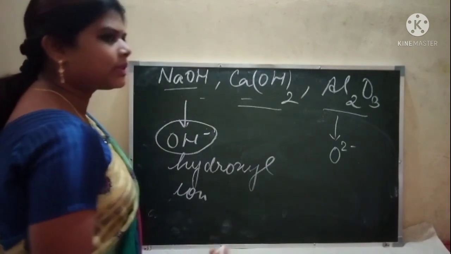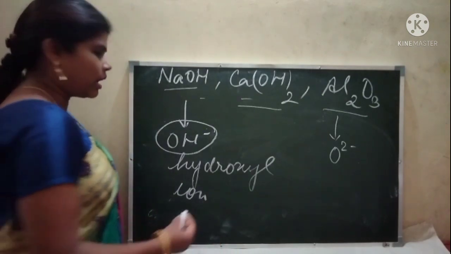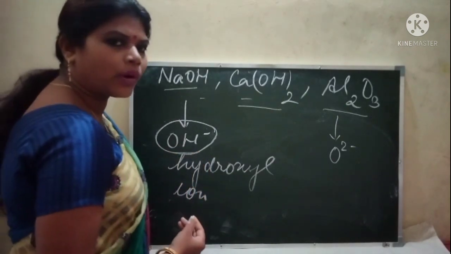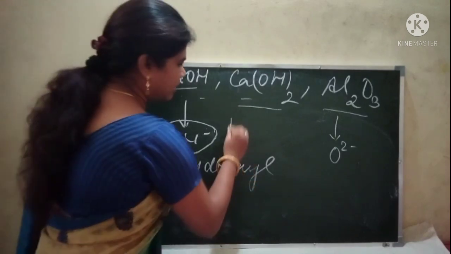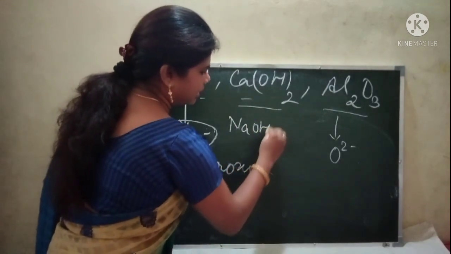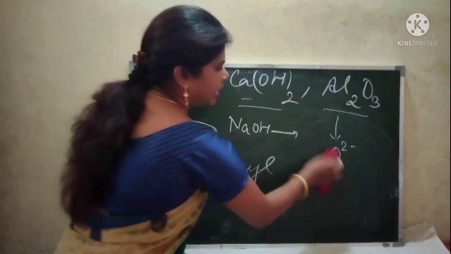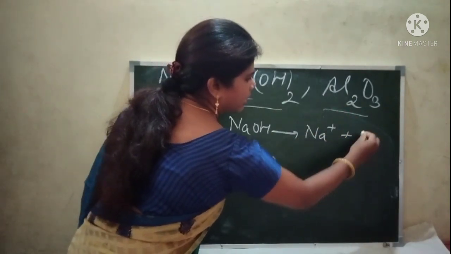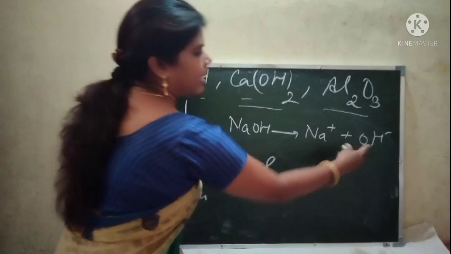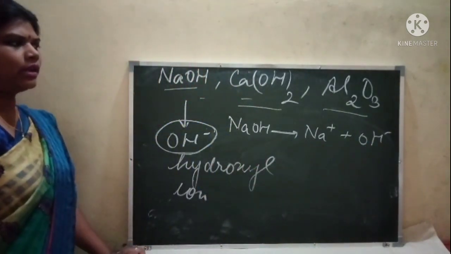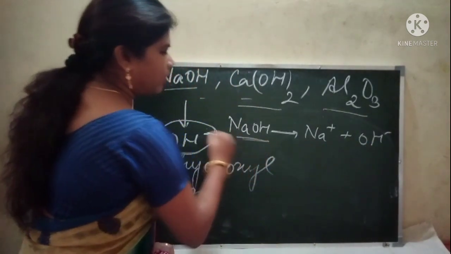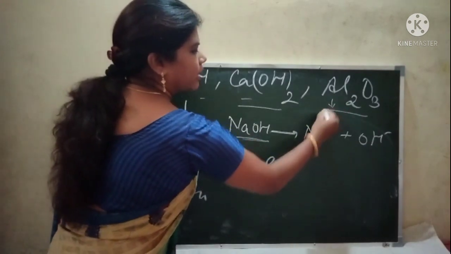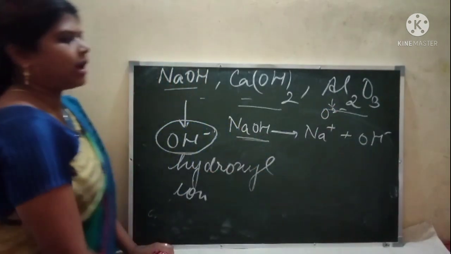Bases are substances which give hydroxide ion when dissolved in water. NaOH in the aqueous medium will give Na+ and OH-, sodium ion and hydroxyl ion. So the substances which give hydroxyl ion or oxide ion are bases.